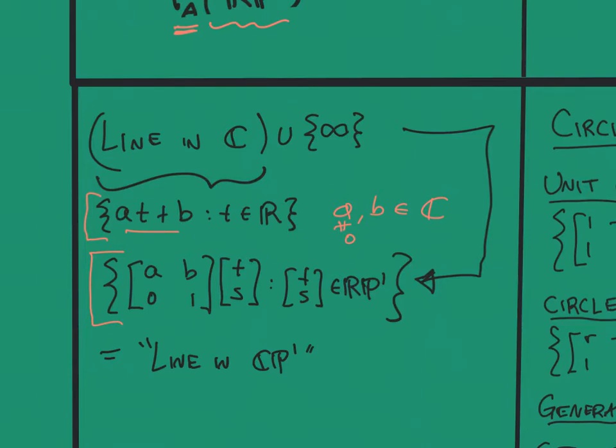Well, this looks pretty close to it, but it's not exactly the same. The points I've written here are (AT plus BS) over S. But when S is non-zero, this is equivalent to AT over S plus B.